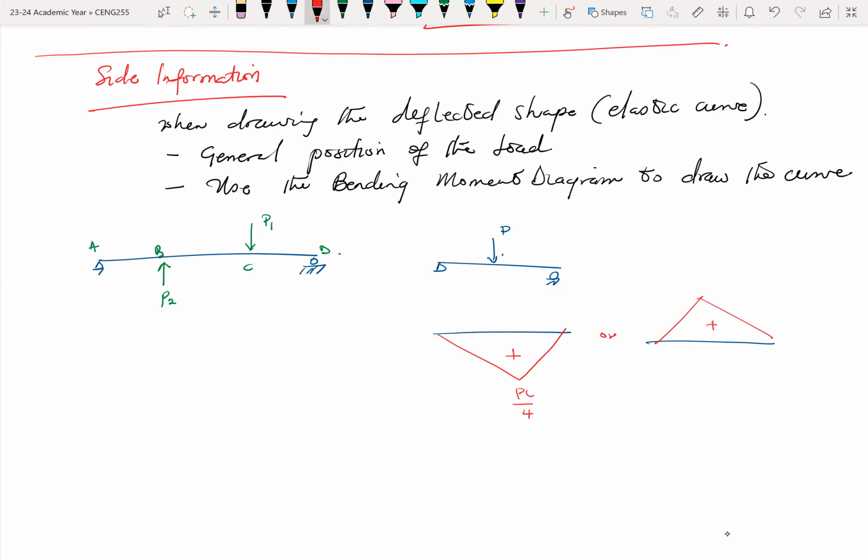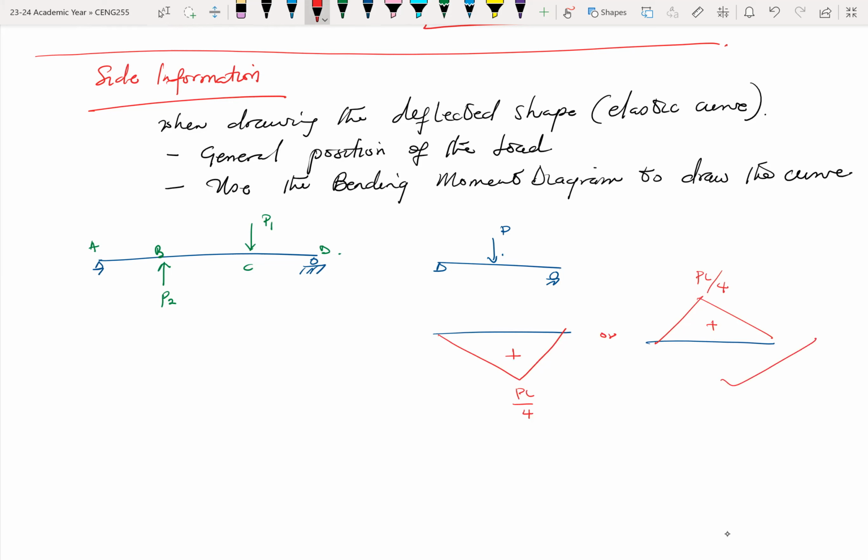It's the same thing, but which one do you usually go with? Positive upwards. Okay, fine, all right. Positive upwards is fine, so that should be this one.